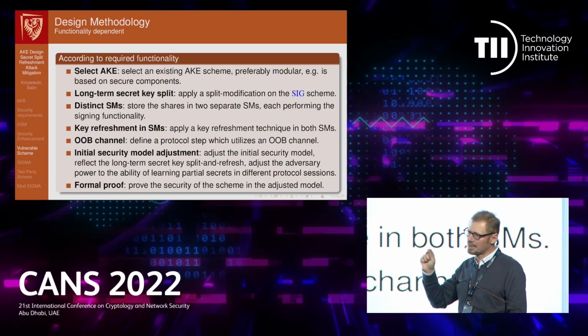So for example, if that authenticated key exchange has signatures inside, replace the regular signatures with split-key signatures. Put them into distinct HSMs, do the refreshment, maybe apply an out-of-band visual channel, just to have the construction, but later prove the security of the whole construction with well-defined models.